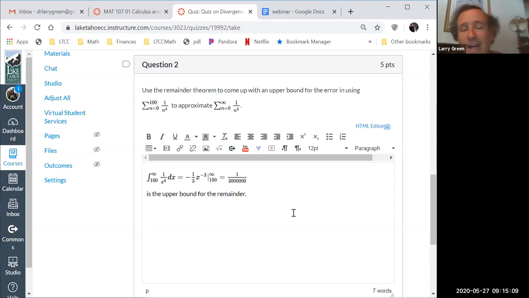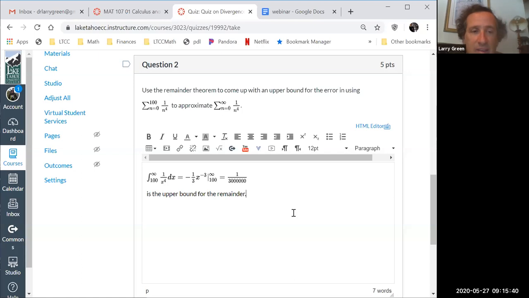A lot of times that's the whole point of this: it helps us decide whether we've gone far enough to estimate. And by the p-series test, this converges. So we know it converges, and if we use a computer to do the first 100 terms, then we're pretty darn good. You've got almost a perfect answer.